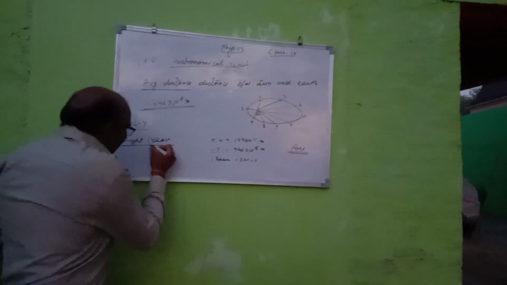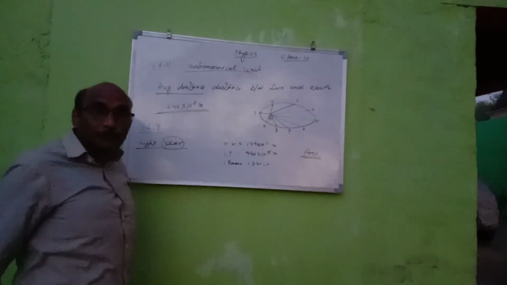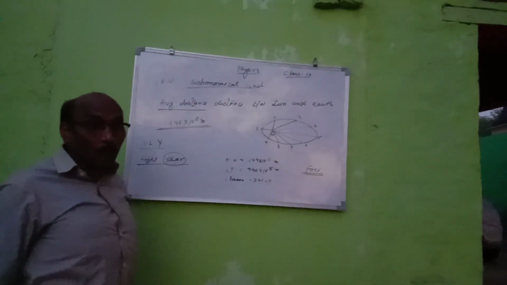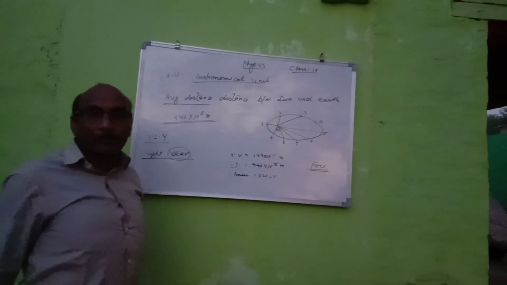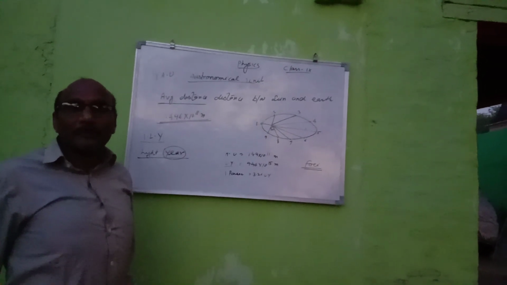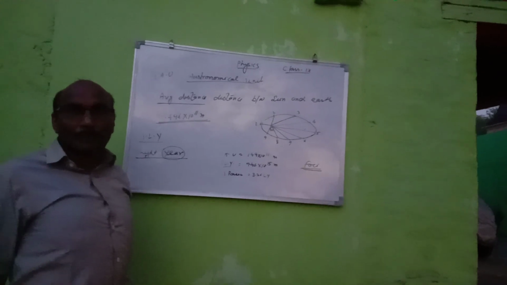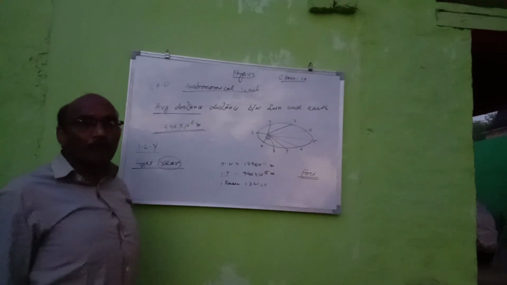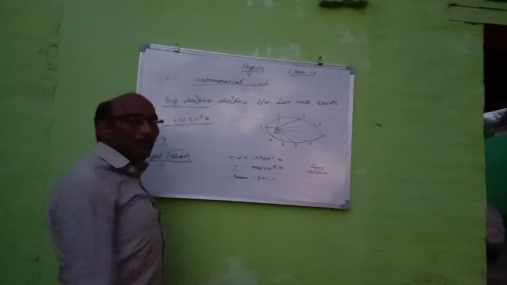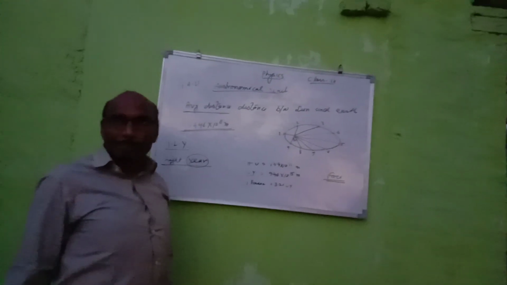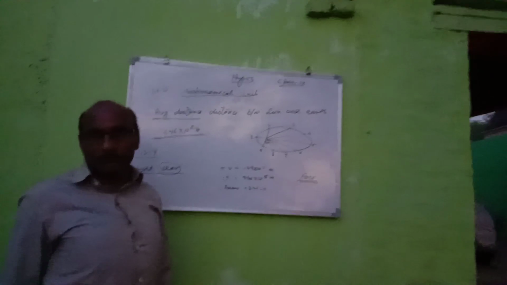Most of the students are confused about this name. As the name is showing, year is this one year. The term seems to show a unit of time, but no. This 1 light year is a unit of distance. What is 1 light year? How to define the term 1 light year? 1 light year is the distance covered by light in 1 year.